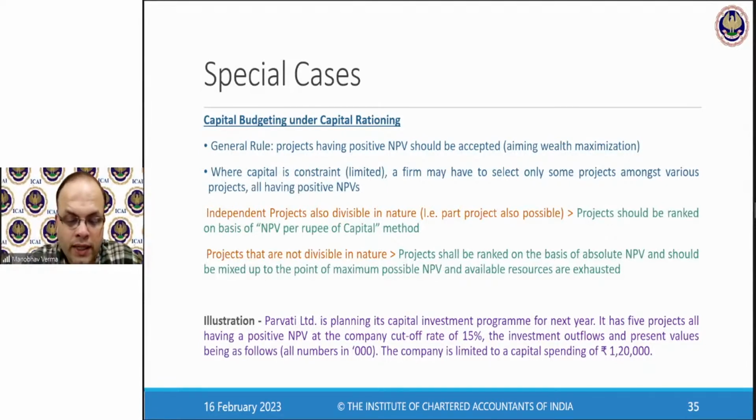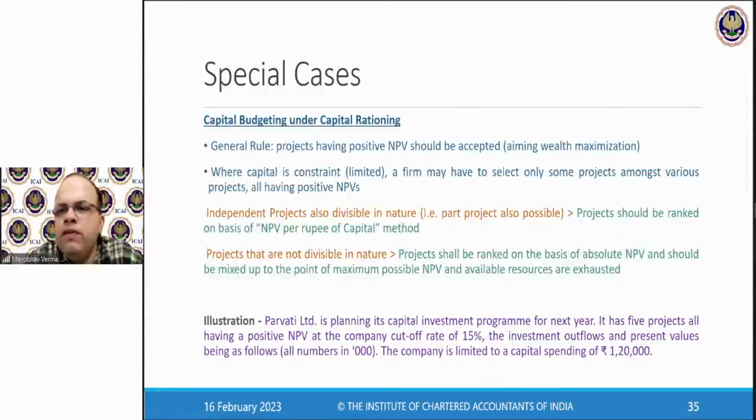Great, guys. I'm sure you got some chance to catch up with what we studied in the last session on Tuesday on investment decisions. A quick recap: we talked about the significance of capital budgeting. We also talked about the methods to evaluate investment decisions in terms of non-discounting techniques and discounted techniques.